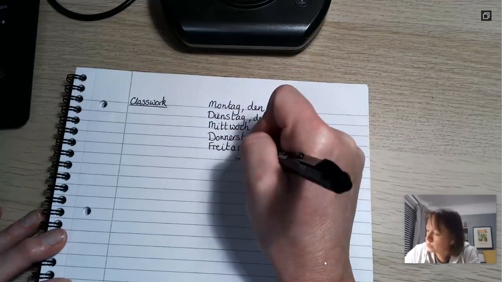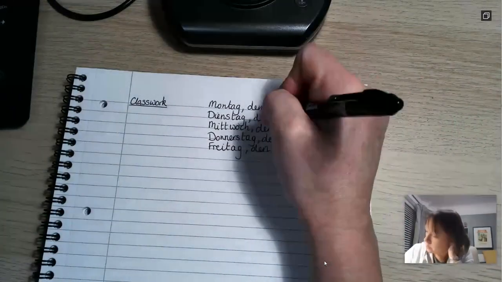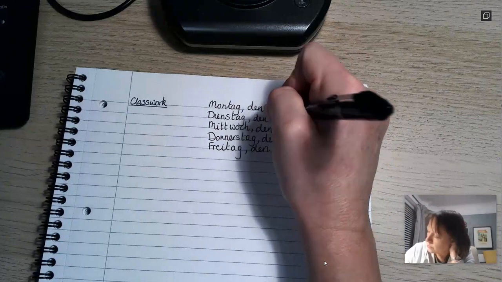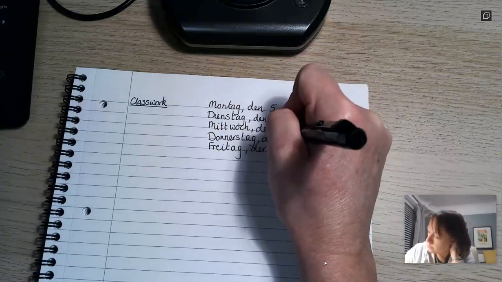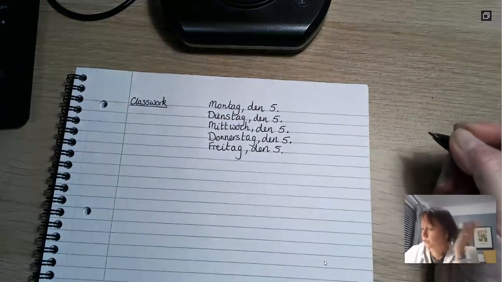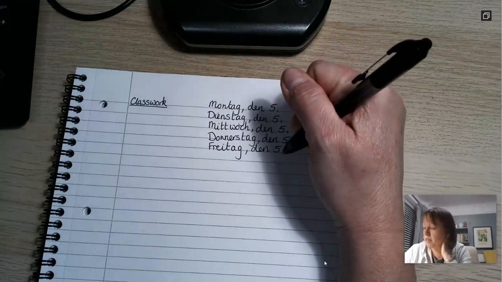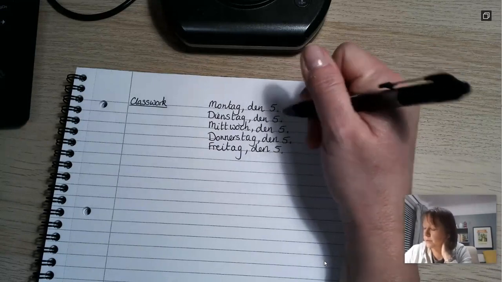You can then use just the number for the actual date. So it's going to be the 5th when you go back. It's going to be Thursday the 5th. So I'll use that as the example, but you put any number, whichever the date is for your lesson. And that dot is the equivalent to doing the th, so you haven't got to write ten.